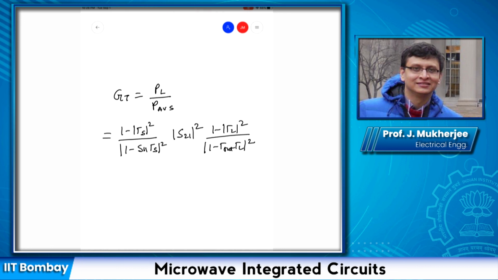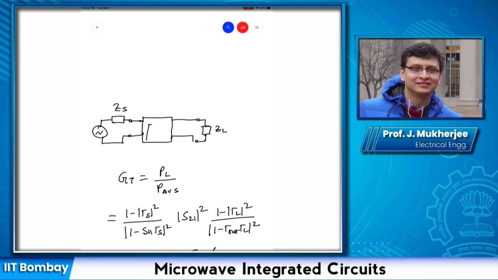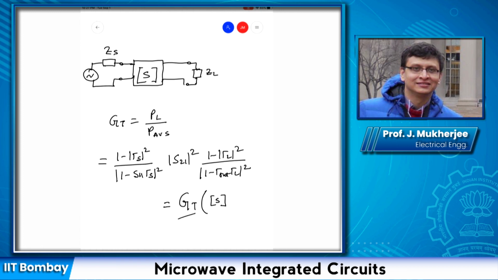What we saw was that this GT is a function of this S parameter matrix, and so the value of gamma S and gamma L.